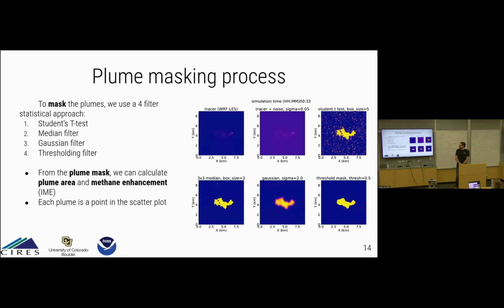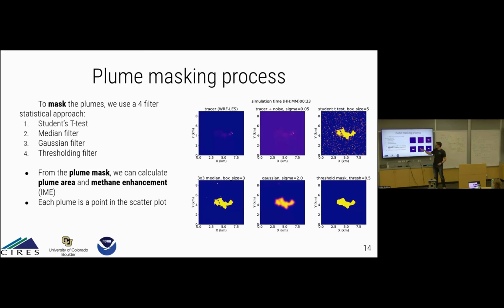And then this is, again, technical details about how we were masking the plumes. So here we have a clean LES tracer map, and then we apply 4 filters to this clean map. We add noise to simulate a satellite observation, then a student t-test to see what points are statistically significant from the noise.